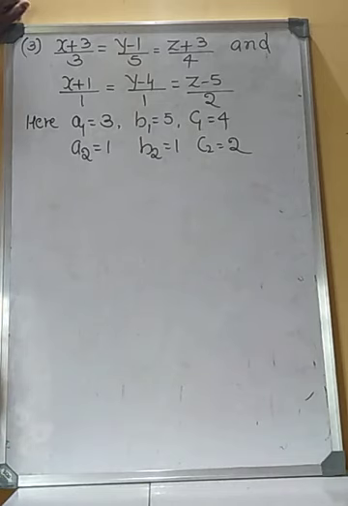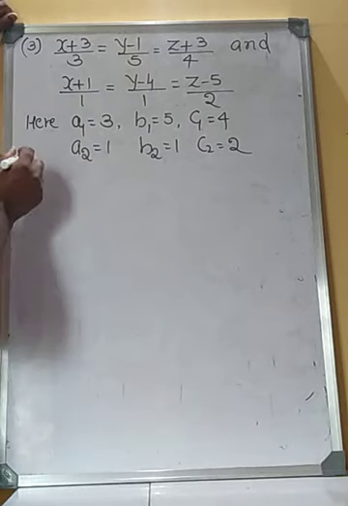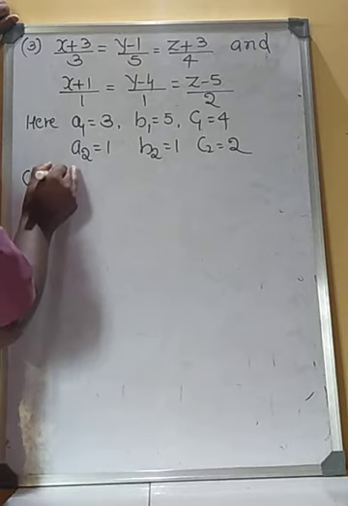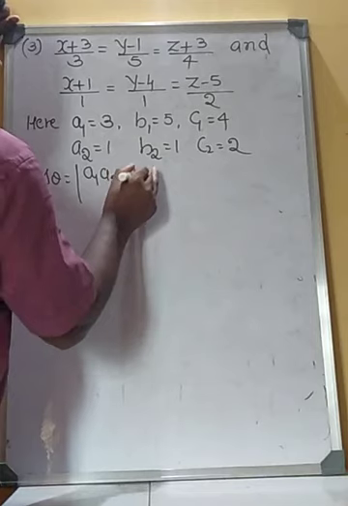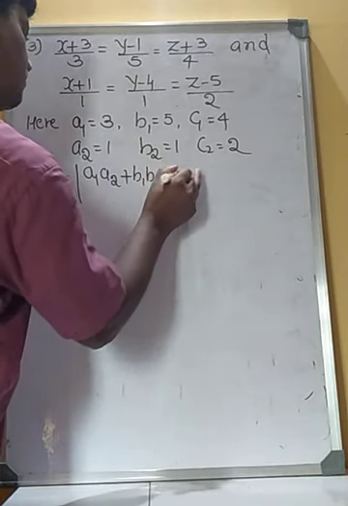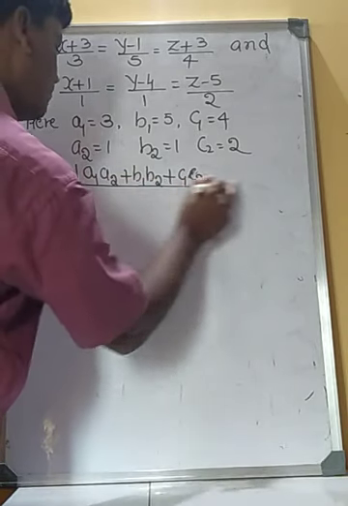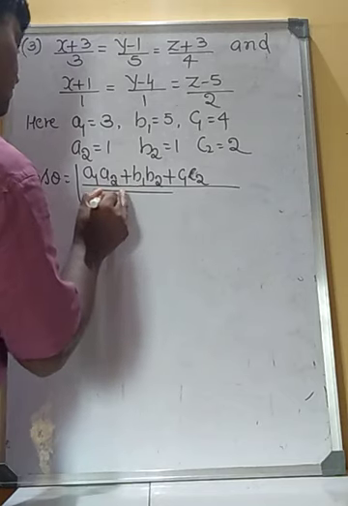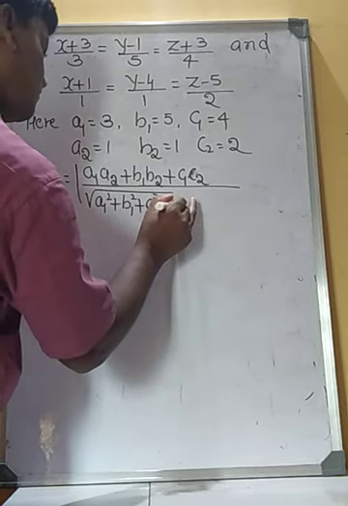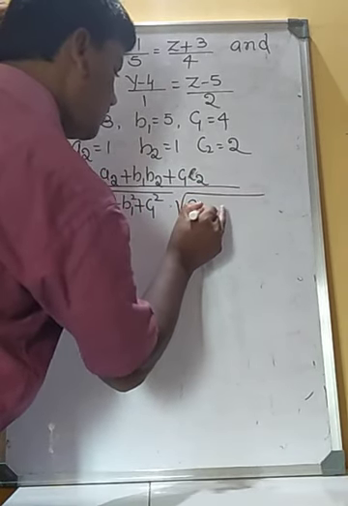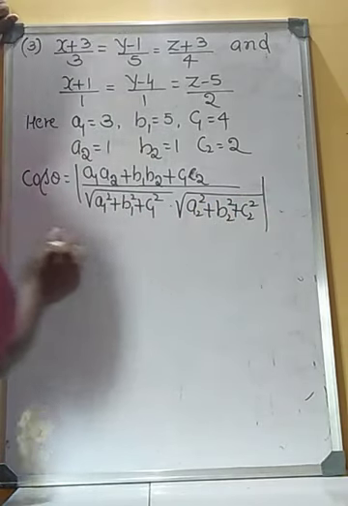Now the angle theta between the lines is given by the formula cos theta is equal to magnitude of a1 a2 plus b1 b2 plus c1 c2 divided by square root of a1 square plus b1 square plus c1 square into root of a2 square plus b2 square plus c2 square.